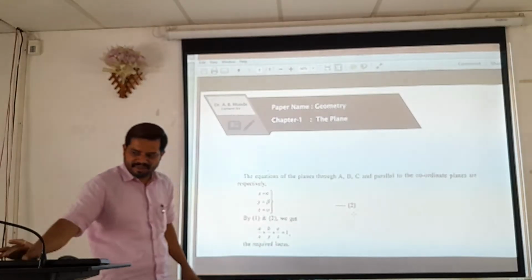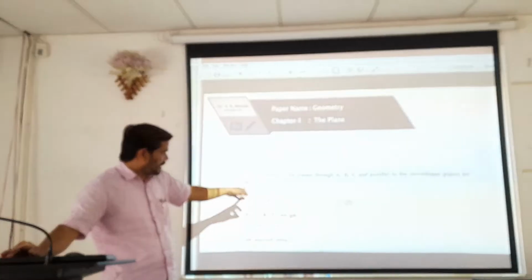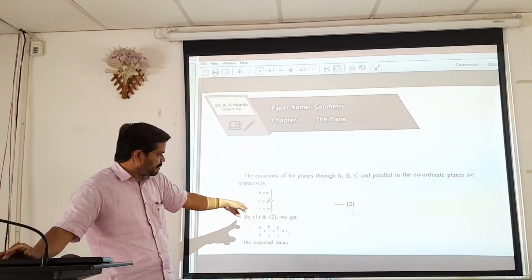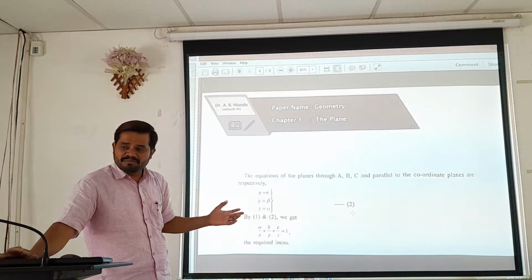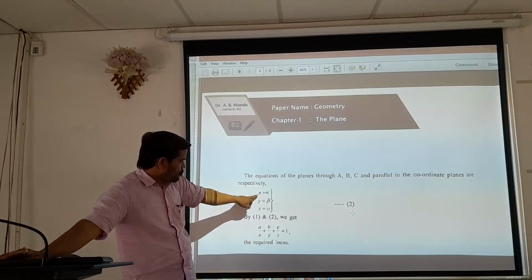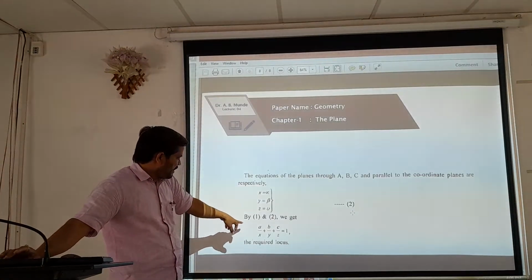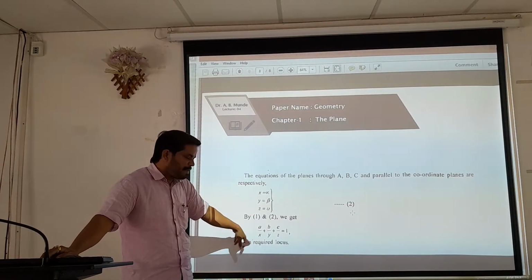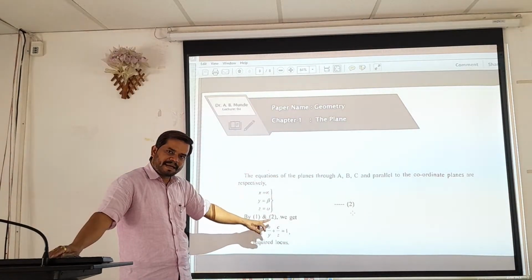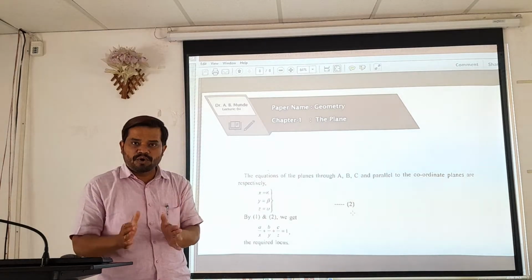Why? Because if we compare with equation number 1, we get the x coordinate is alpha, y is beta and z is gamma. And so from equation number 1 and equation number 2, what do we get? You can compare these two equations. We get a by x plus b by y plus c by z is equal to 1, which is the required locus.